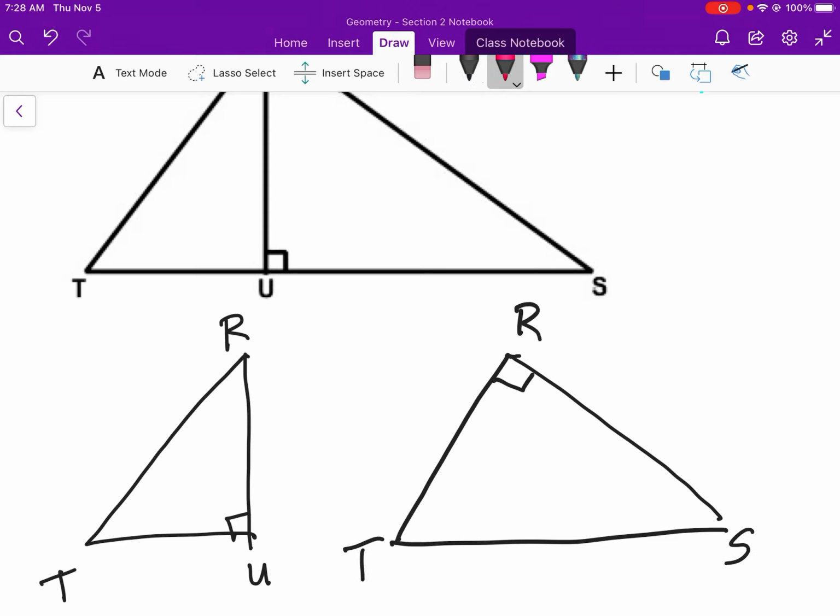Well, I already have angle U in the little triangle is the same as angle R in the big triangle because they're both right angles.